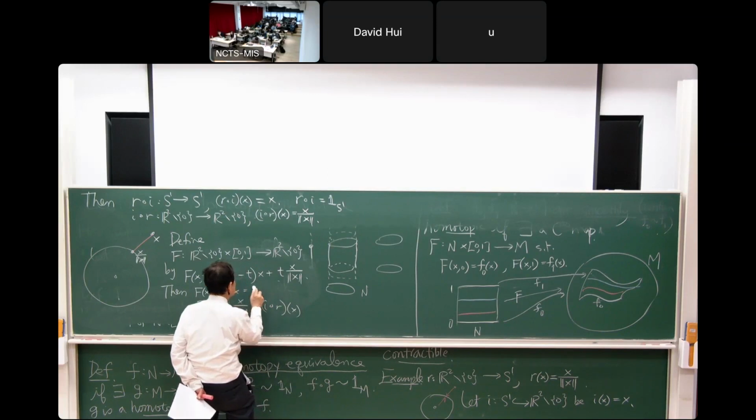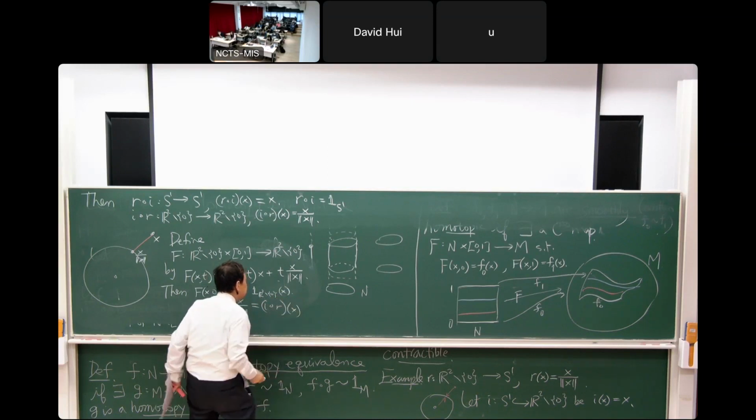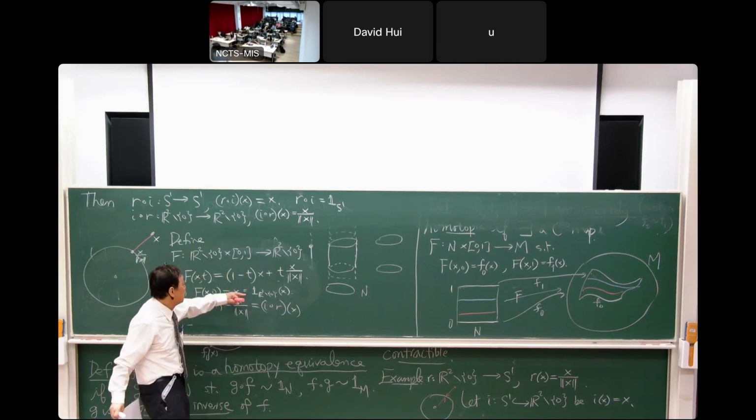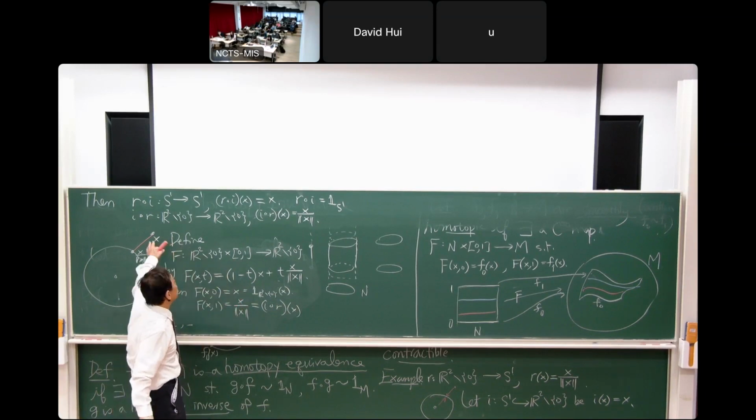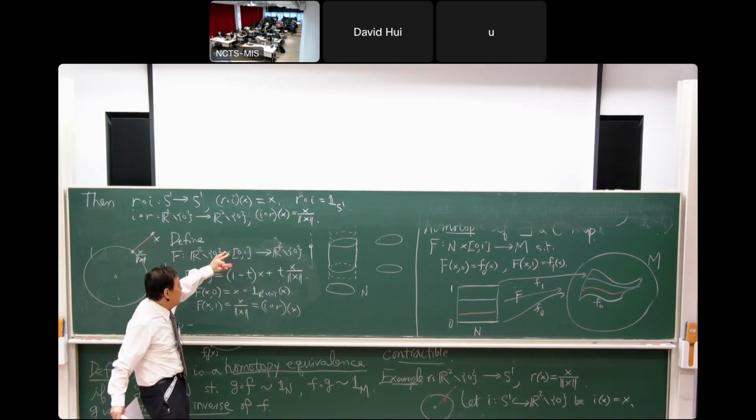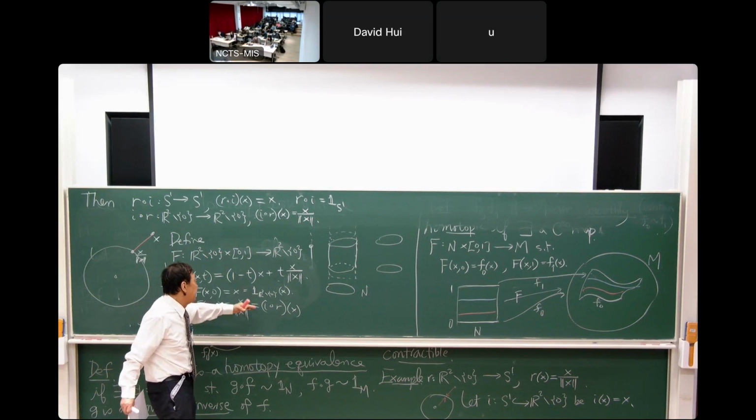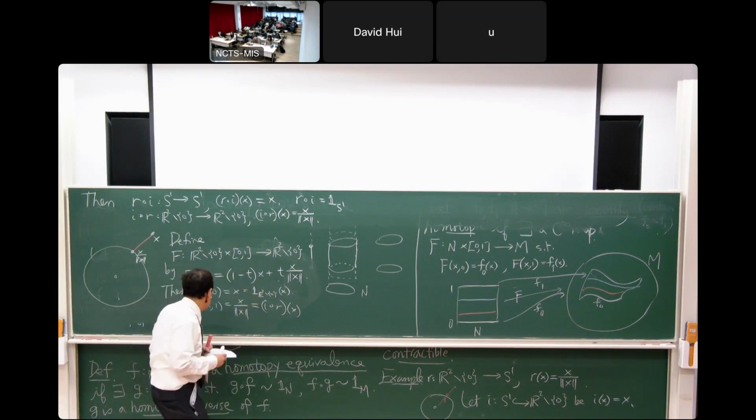And this is the identity of x. So I composed with R is not equal to the identity, but it's homotopic to the identity.